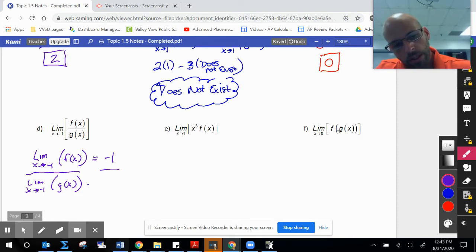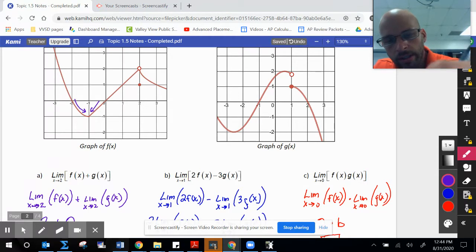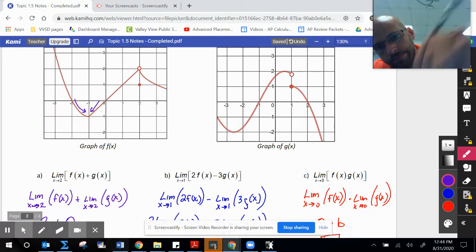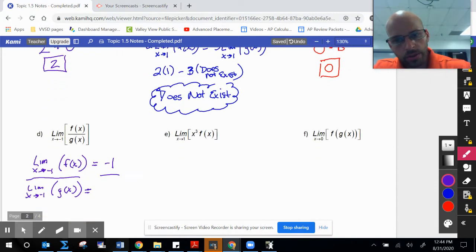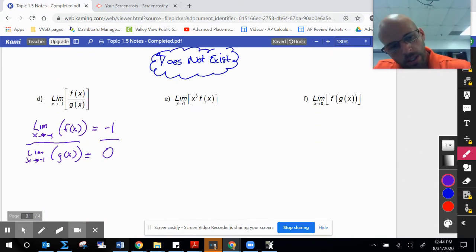Over, and let's see what this bottom is equal to. So g at -1 is also going to be 0. Now, if you have the fraction of -1 over 0 or any constant over 0, that's undefined. So this limit does not exist.